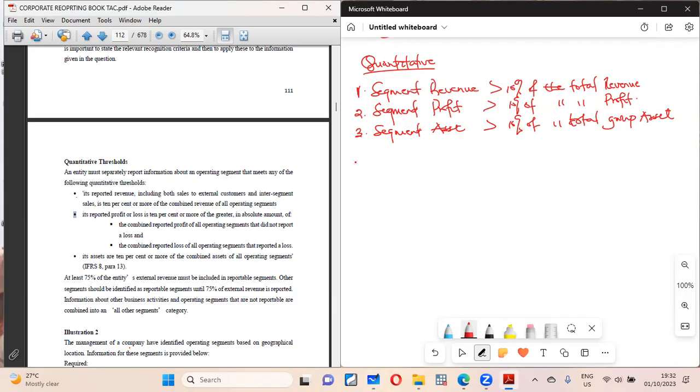Then most importantly, step 4, the overriding one, is that at least 75% of the entity's total external revenue must be included in the reporting segment. You see, it's a group of companies, which means that they can be trading among themselves. You've heard of it before, sometimes transfer pricing and all those things. But we are talking about the fact that at least 75% of the entity's external revenue.